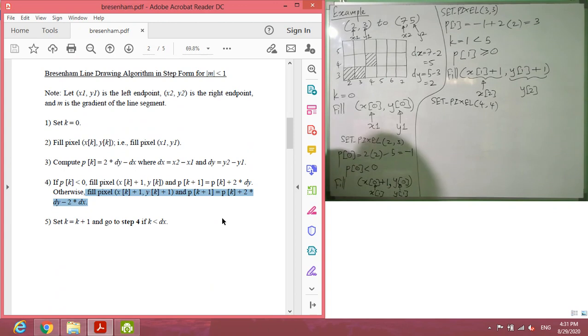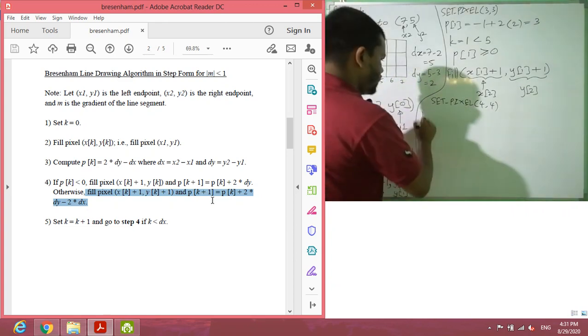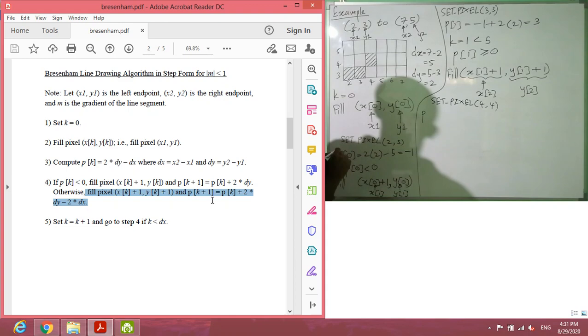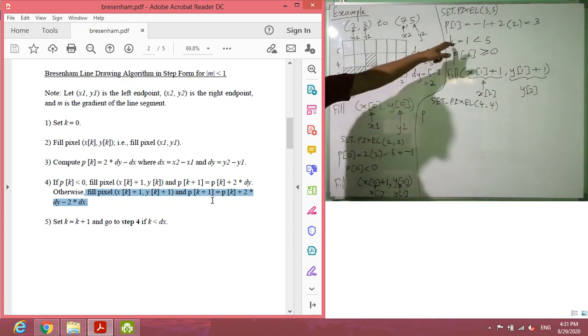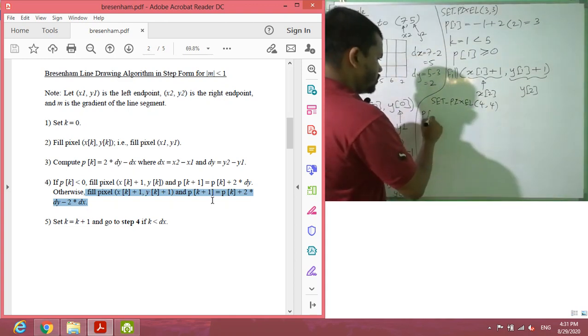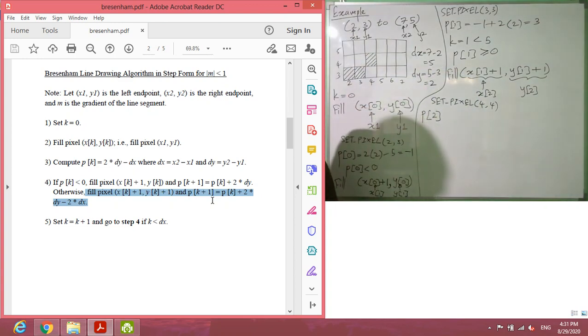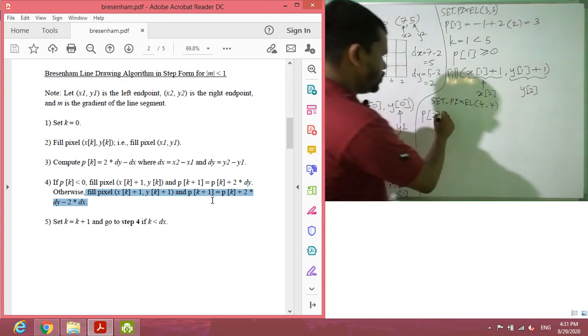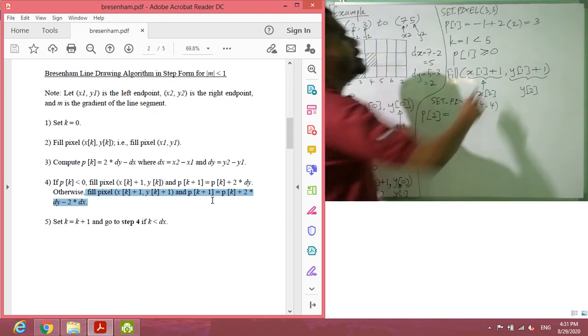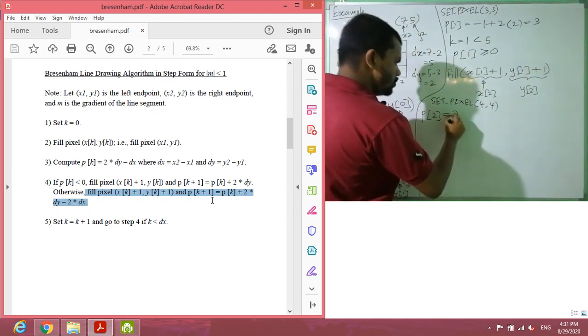And then we have to compute pk plus 1 value. That is, pk plus 1 means now our k value is 1, pk plus 1 means 2. P2 value we can compute from the earlier p1 value.